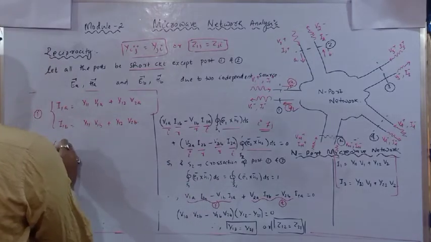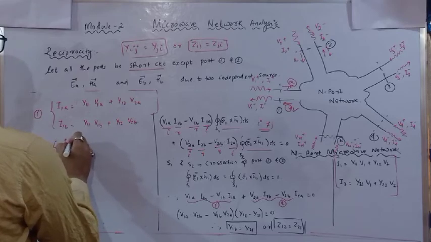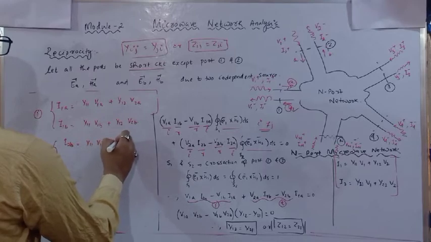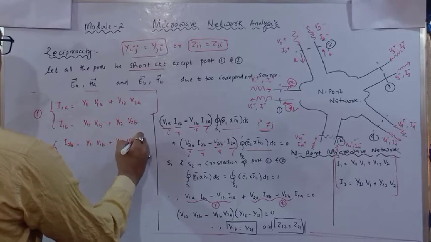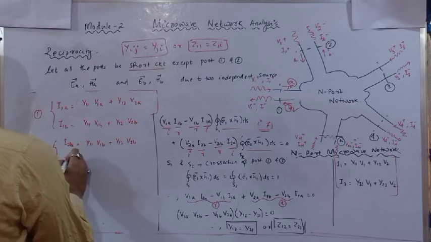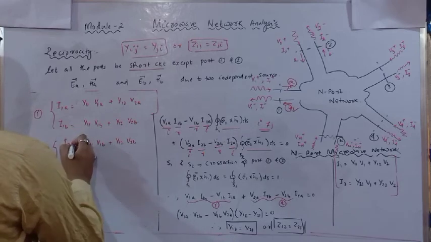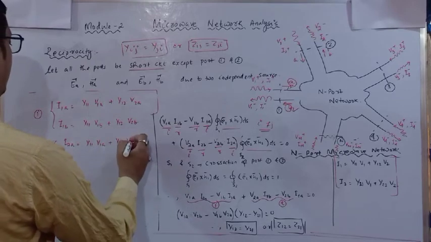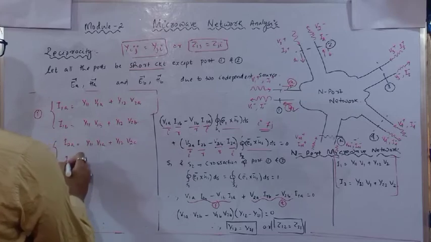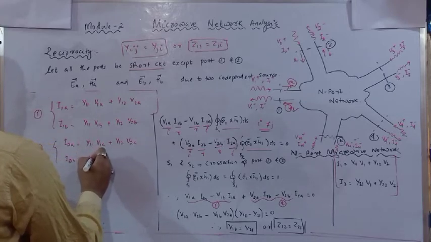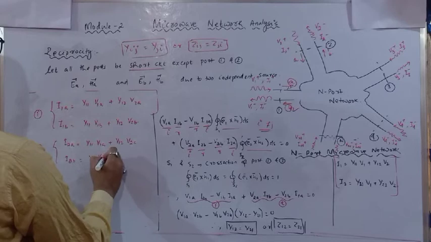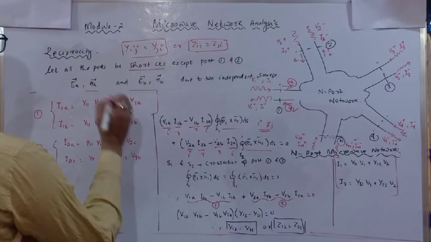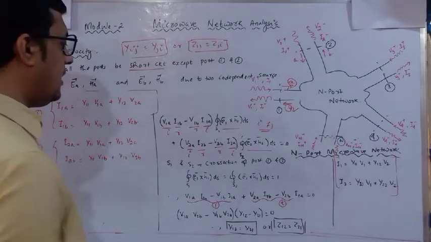Similarly, for port 2, I2A is equal to Y21 V1A plus Y22 V2A, and I2B is equal to Y21 V1B plus Y22 V2B. Like this we can represent.